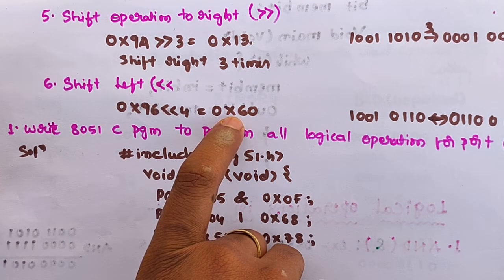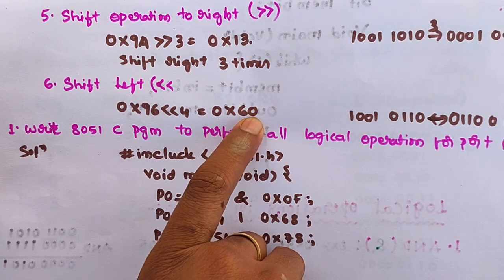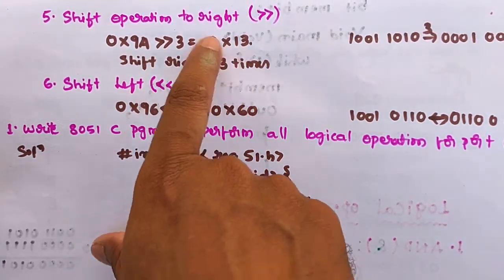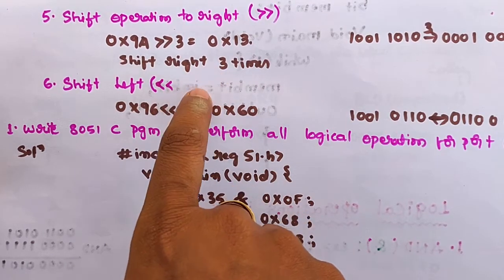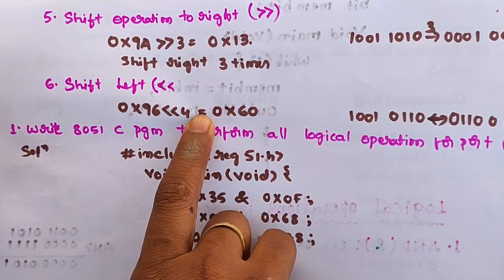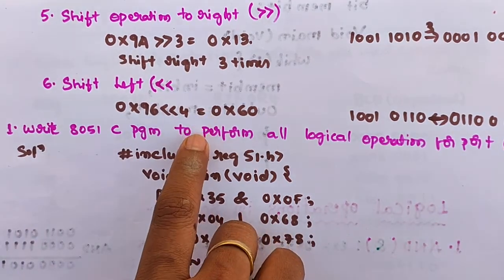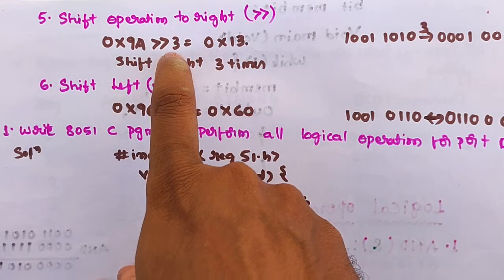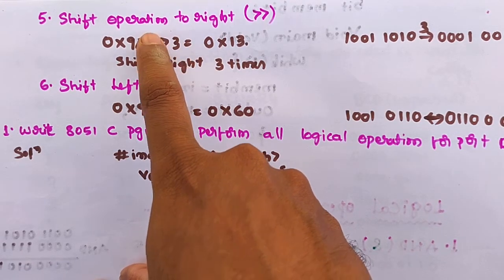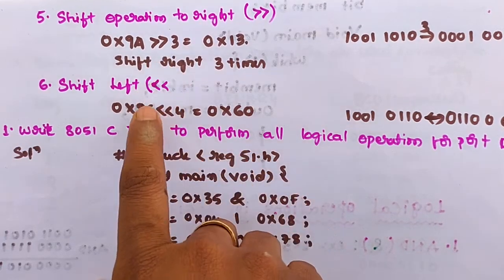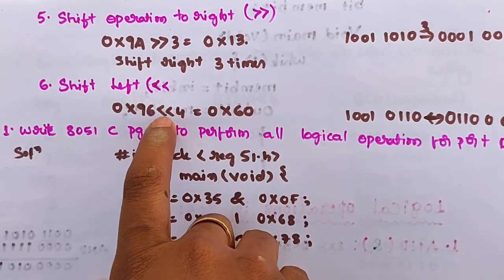You will get 60, as same as what we discussed in the assembly language instruction set. But we need to know how to represent the instruction, that is shift right with this symbol and shift left with this symbol.